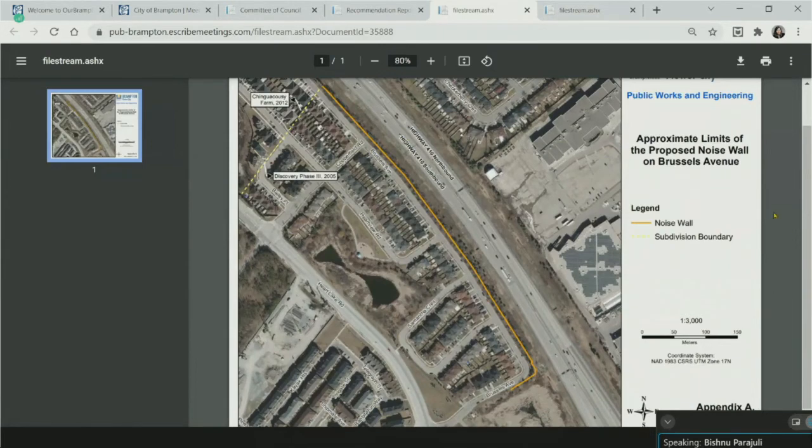Their point is this subdivision was registered when the 410 extension north of Bovaird was in progress. And the work of MTO started just before the subdivision was built, and took several years. So as a result, they cannot fund this one. They say this is the city's responsibility to deal with it.